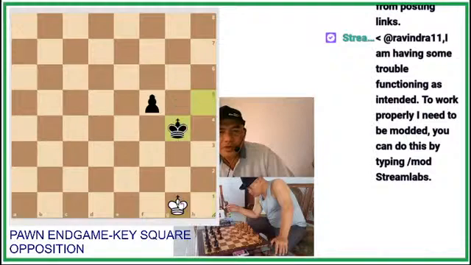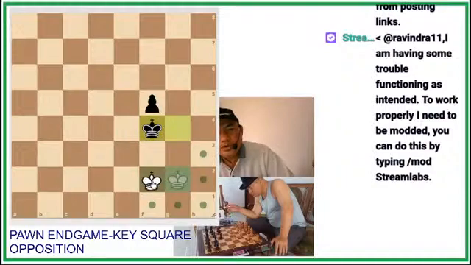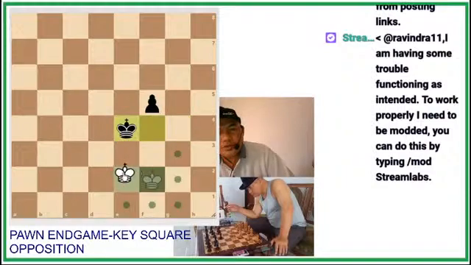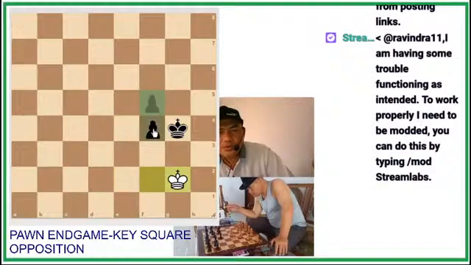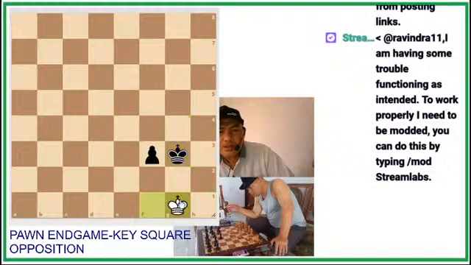For example, if we go here, then we can go here. Then this is a draw. By doing the opposition, this is a draw. So black has to move his pawn and go here, and this is a stalemate.